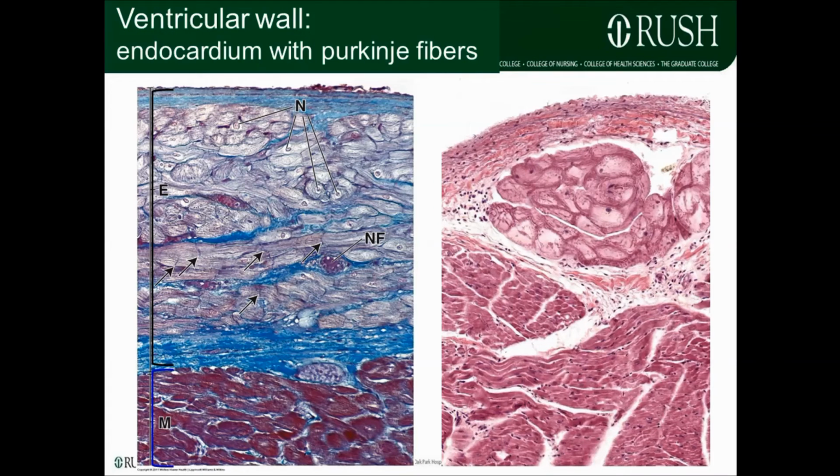So let's take another look at these Purkinje fibers. The ventricular wall is in both of these images at the top, and it's lined by a simple squamous epithelium. Like all blood vessels, the heart can be considered just a dilated blood vessel.